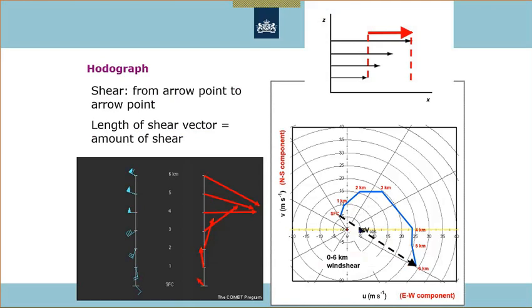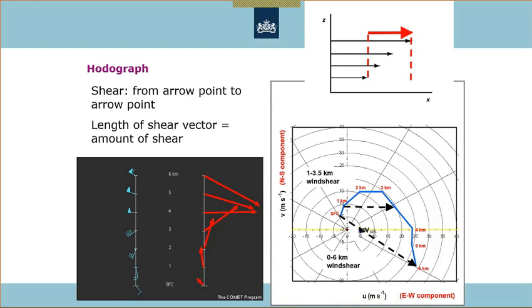Based on the empirical data studies, they found out that the 0 to 6 kilometer wind shear, also called the bulk wind shear, so you take the absolute value between surface level and 6 kilometer, has a lot of information for estimating the mode of convection.